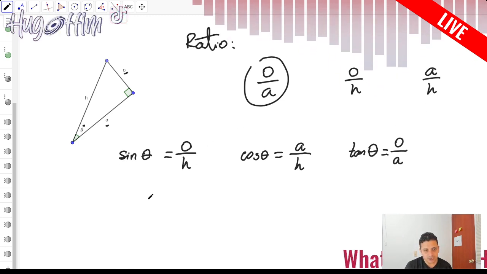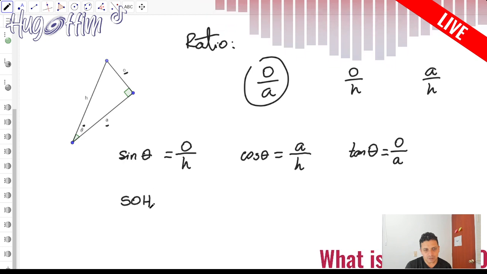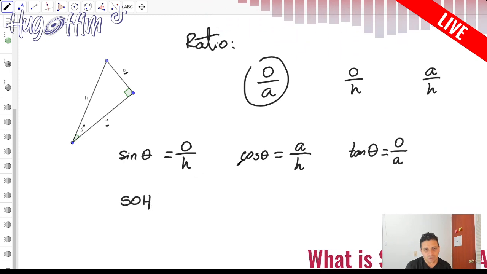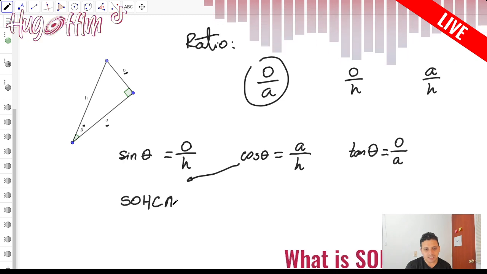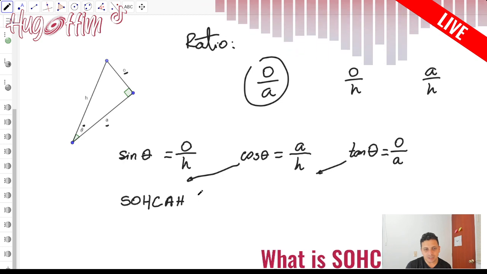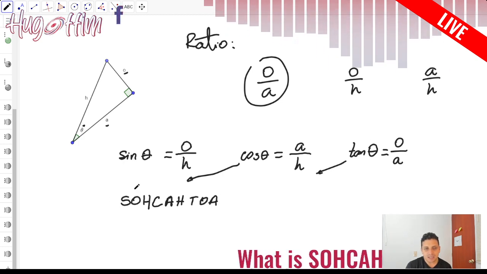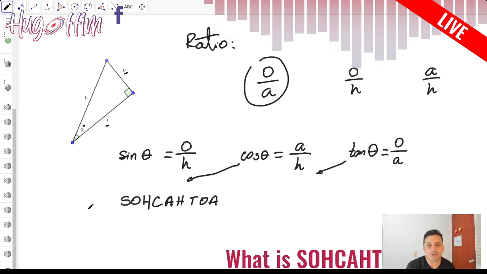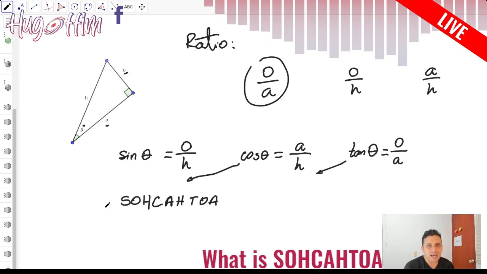So, sine is opposite over hypotenuse, cosine is going to be adjacent over hypotenuse, and tangent is going to be opposite over adjacent. So using this information, you can remember how to calculate sine, cosine, and tangent.